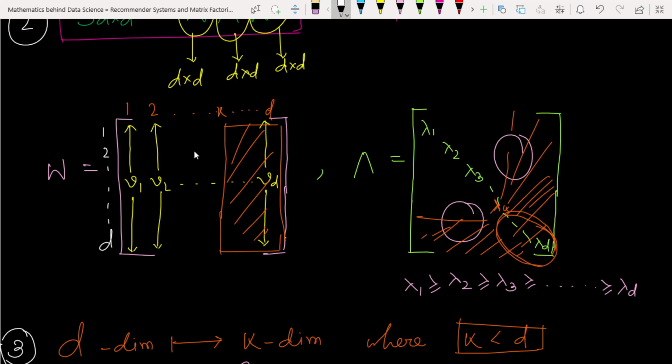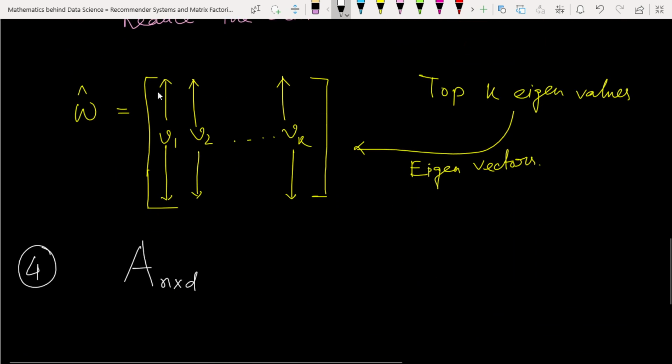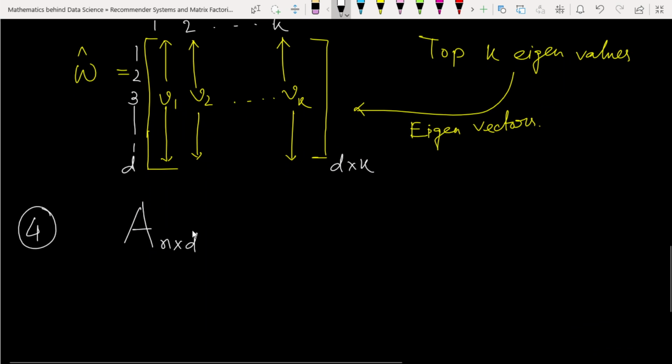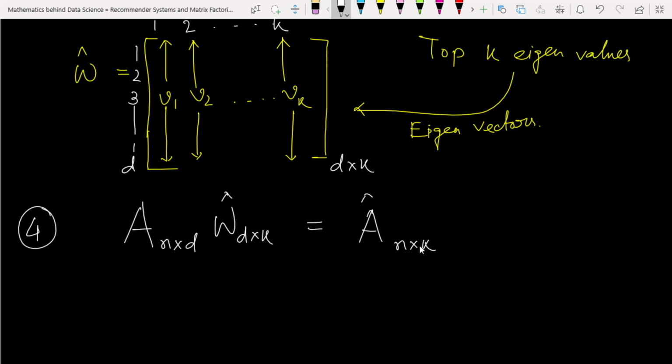There is no information there. Now the W hat that we got here has dimension D cross K. Now we have to multiply this A by this W hat. The matrix that we get is an n cross K matrix.